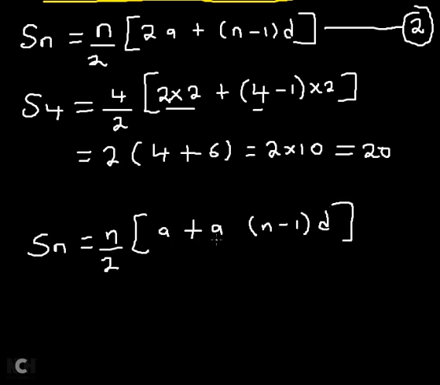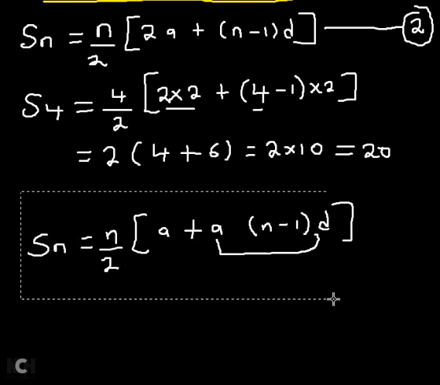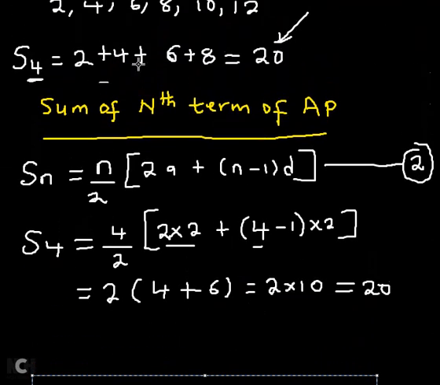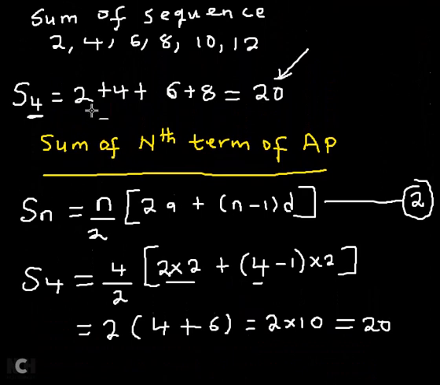So this a plus n minus 1 times d, you know, is the nth term of that particular sequence. Now since we are dealing with sum, that means we are dealing with series. In this case, it's the sum of this series. This is the series I'm actually working on.